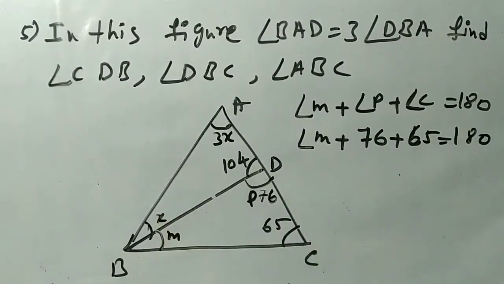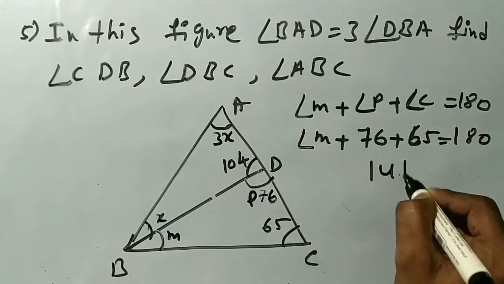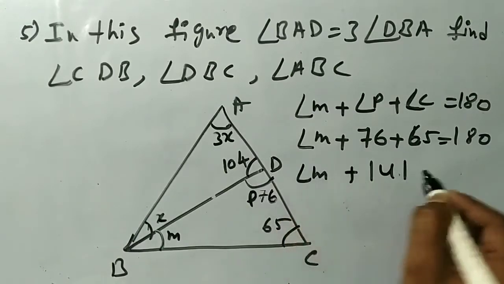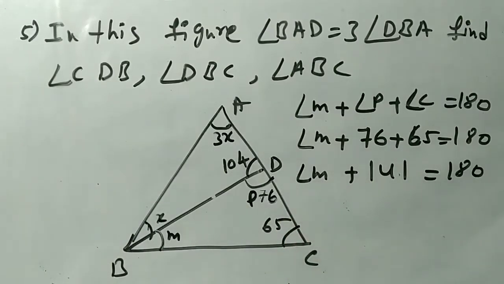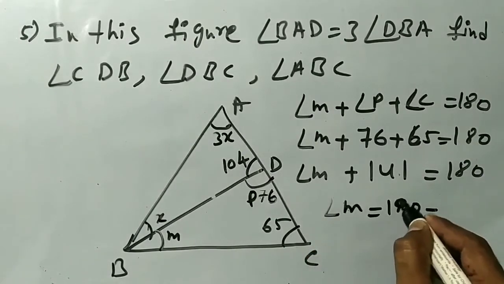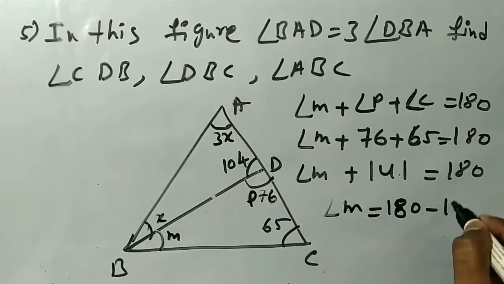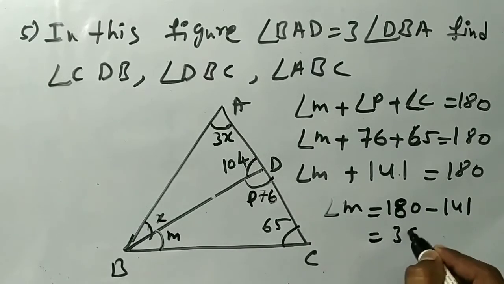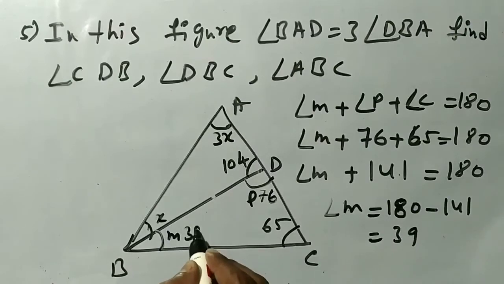So 76 plus 65 is 141. 141 plus angle M is equal to 180. So angle M is equal to 180 minus 141, which is 39. So here this is 39.